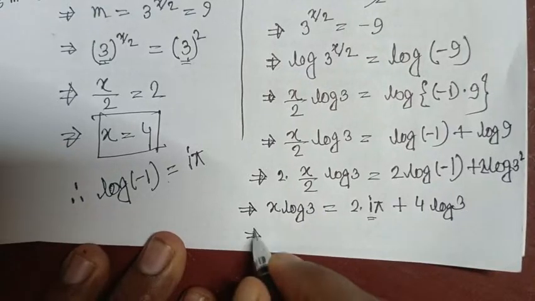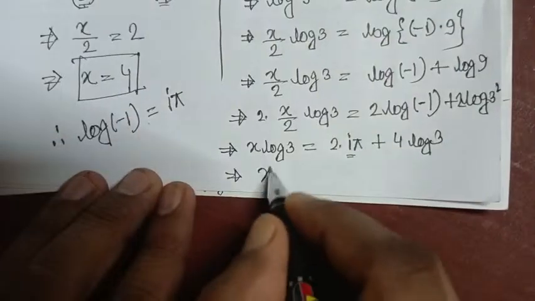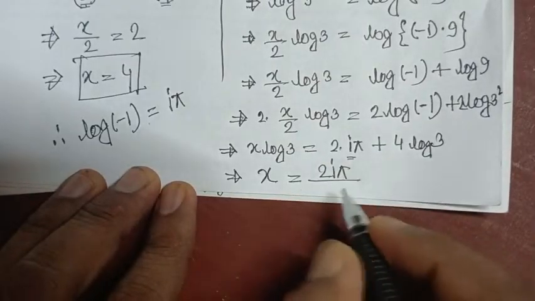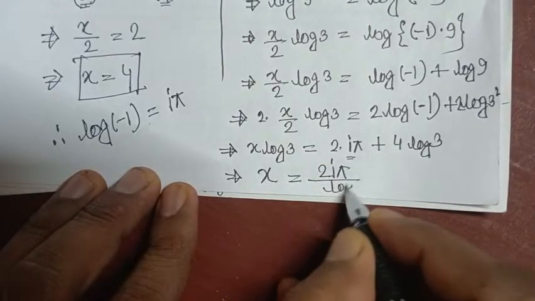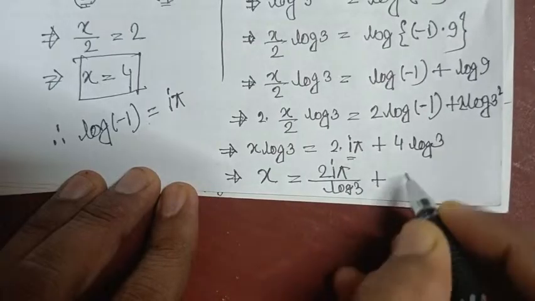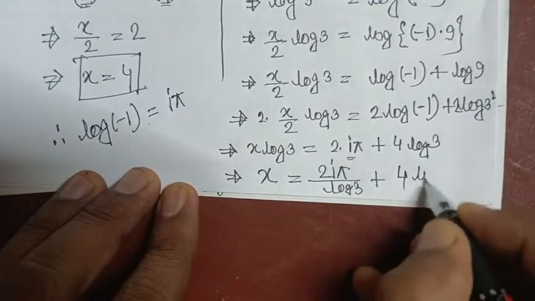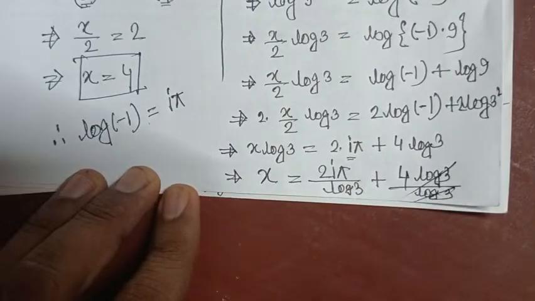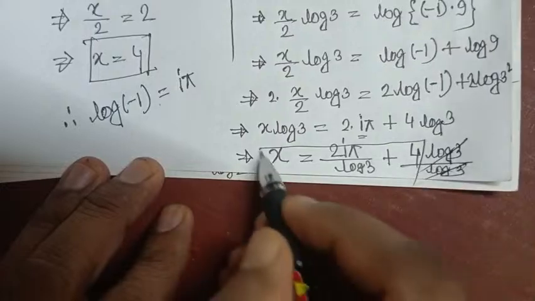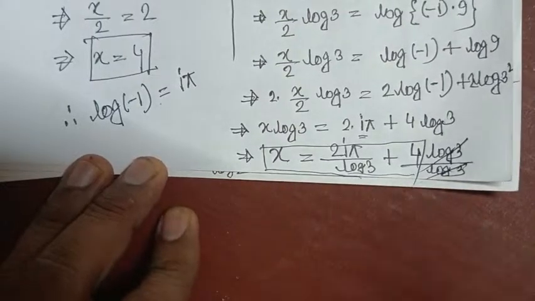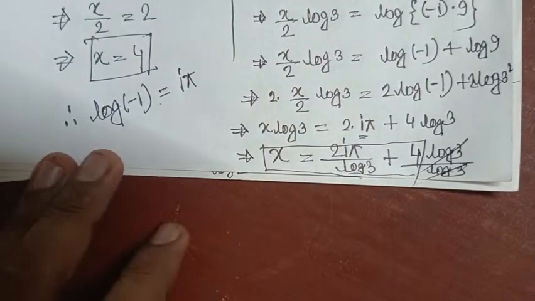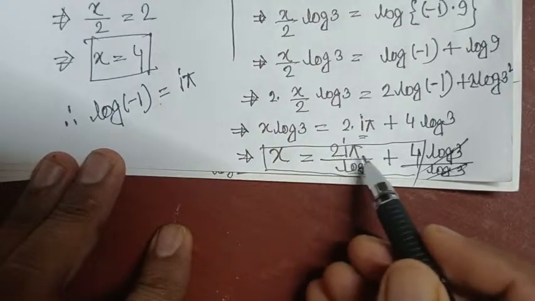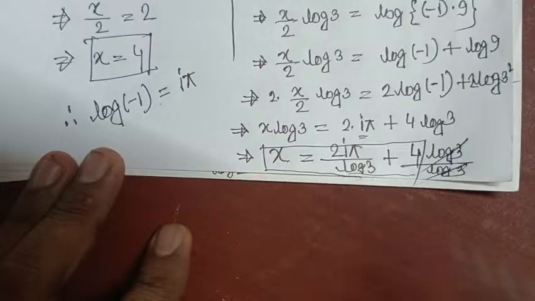Now we get the value of x like x is equal to 2 pi i by log 3 plus 4 log 3 by log 3, and again that cancels out and it will be the result. So hence we get two solutions of x. One is x is equal to 4 and another is 2 pi i by log 3 plus 4.